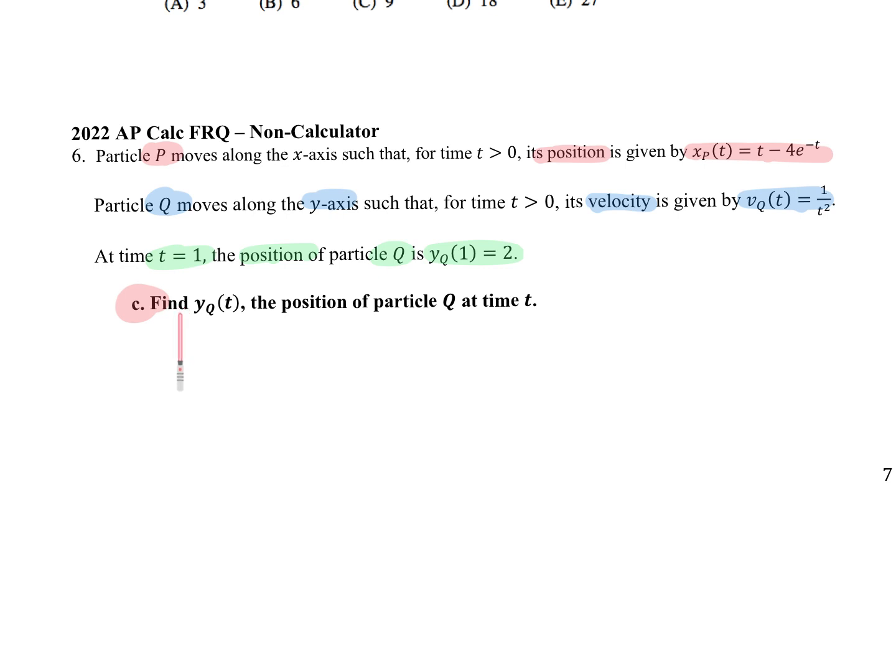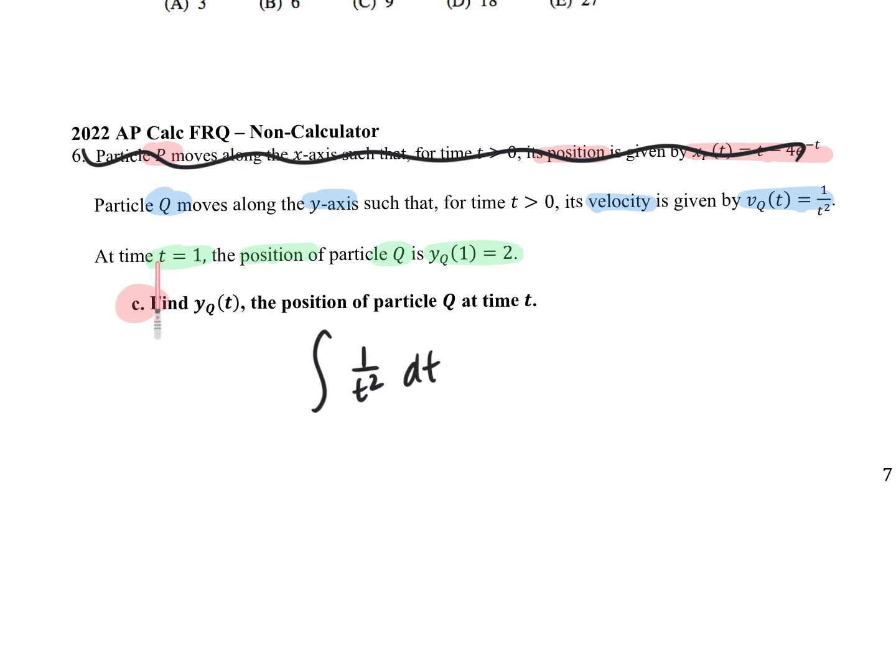And look what they're asking for. Find y sub q of t, the position of q at time t. So we don't need any of our p stuff, right? Right. Since this is part C, we would have used it for part A, B, or D potentially. Okay. So what are you saying? If they gave us the velocity of q, we're just integrating. Yeah, I agree. And we're going to integrate 1 over t squared, but you guys, they aren't giving us a calculator. Ooh.